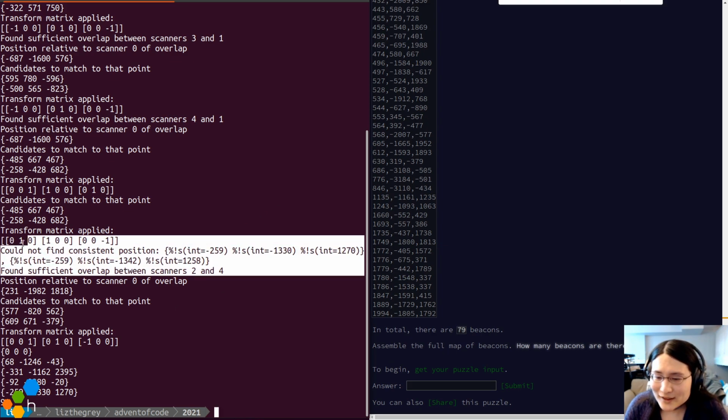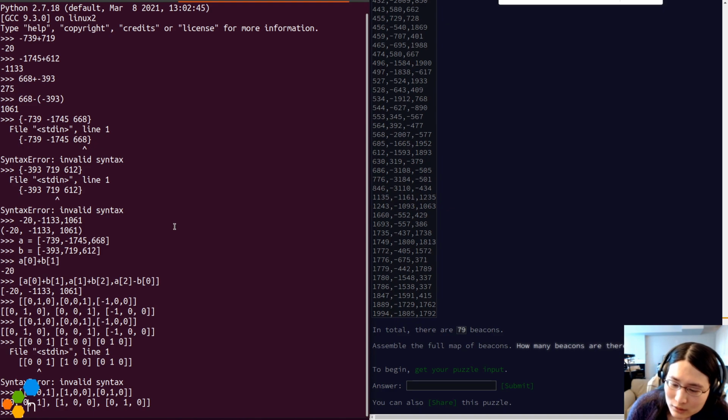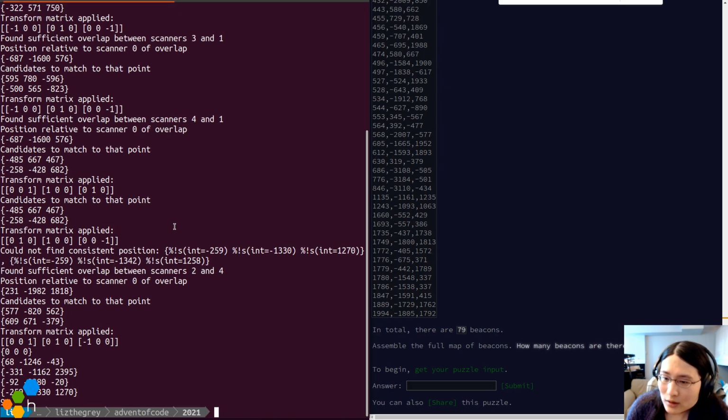Okay, now I'm back to having insufficient overlap. And now I think I've applied what should be the correct transform matrix. Wait, no, that's wrong. No, that's wrong.